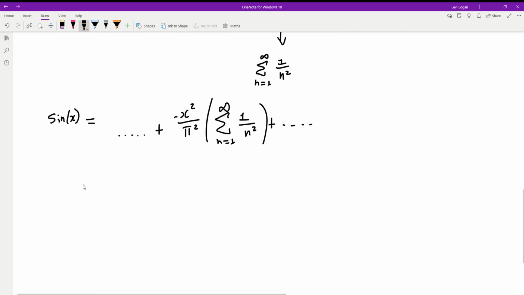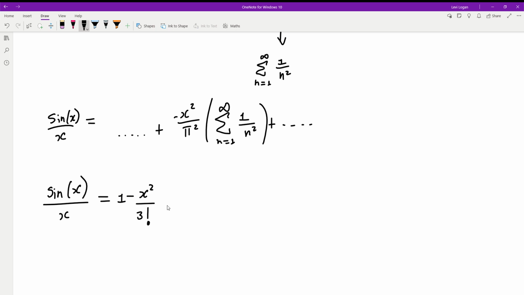on x. Now, we agree that sine x on x is still equal to our infinite series that we had up before. So this series here. Just going to write it all out. I think that's that.